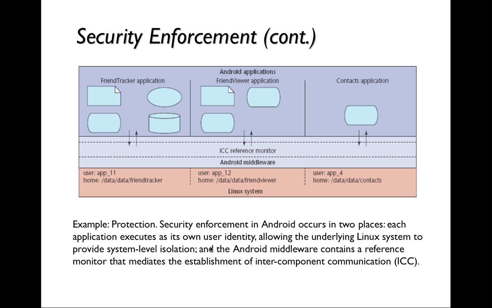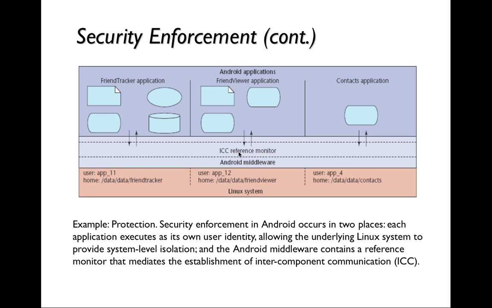So in this particular example, security enforcement in Android occurs in two phases. Each application creates its own identity in terms of registering itself. And the Android middleware contains a reference monitor that mediates the establishment of the inter-process communication, or the intercomponent communication, if you think of it that way.